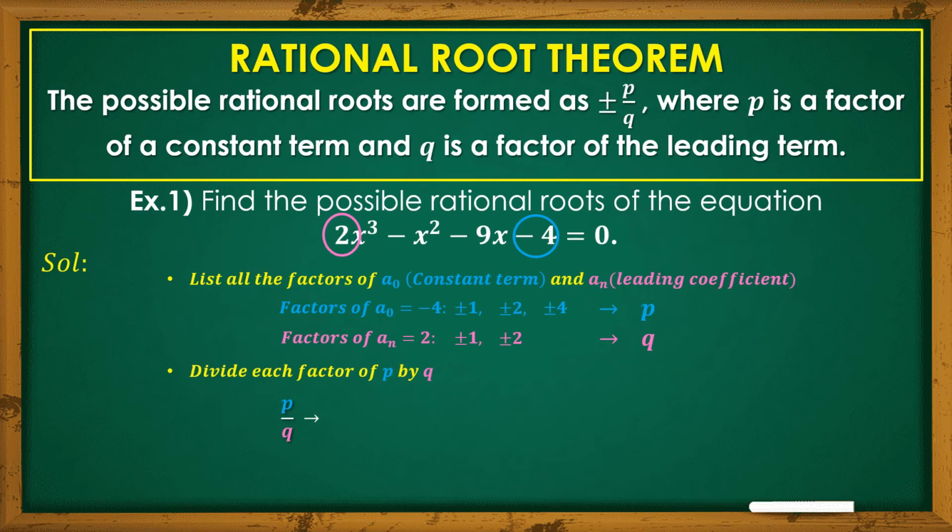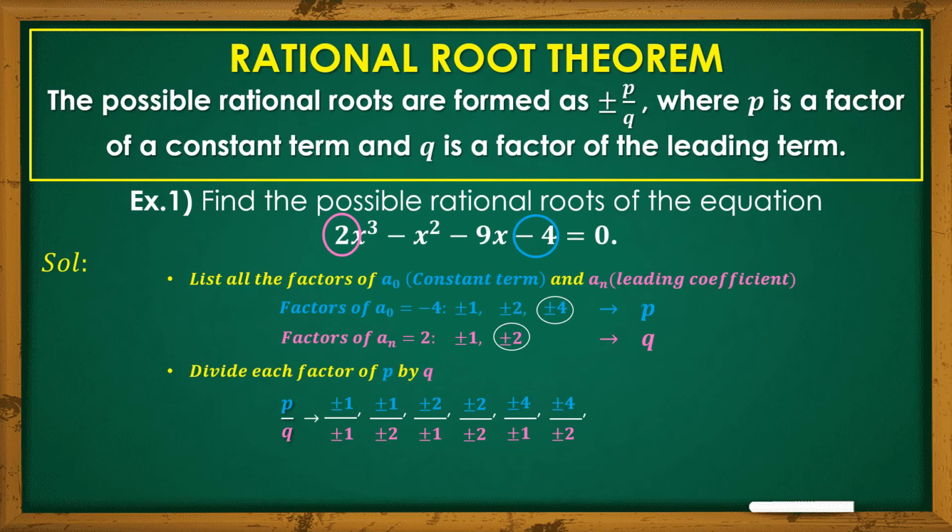So 3 factors ng constant times 2 factors ng leading coefficient, we will have 6 initial rational roots. Ngayon, paano natin siya kukumpletuhin? Isa-isahin natin. 1 over 1, 1 over 2, 2 over 1, 2 over 2, 4 over 1, and 4 over 2. These are the initial rational roots ng ating example number 1.